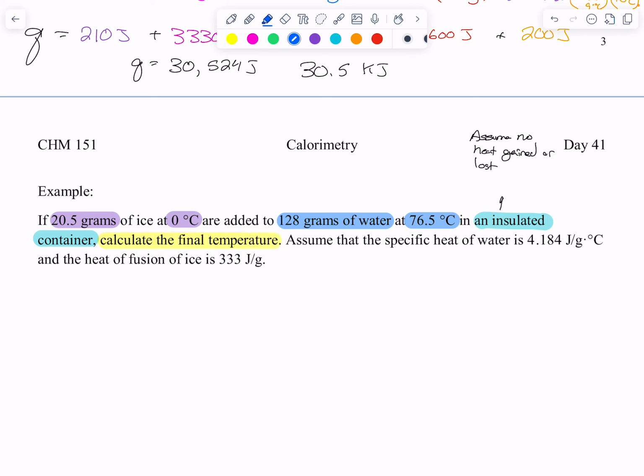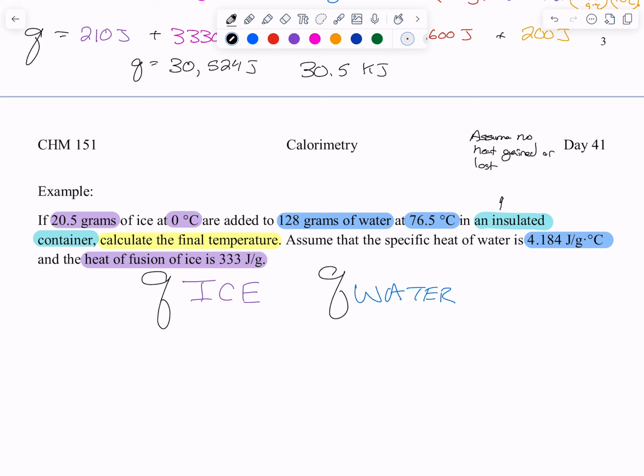Specific heat of water and heat of fusion of ice. Excellent. All right, so our two, I have ice and I have water. And they both have a heat and they equal each other, all right? So the heat from the ice and the heat from the water, right?